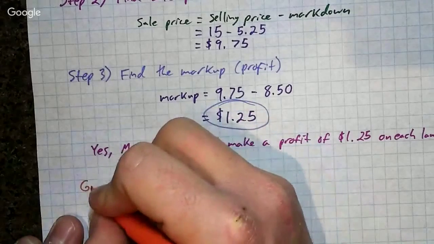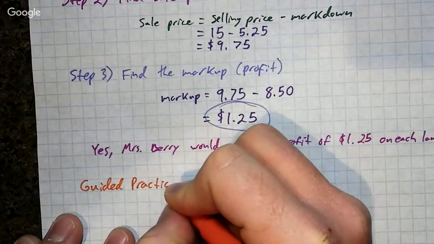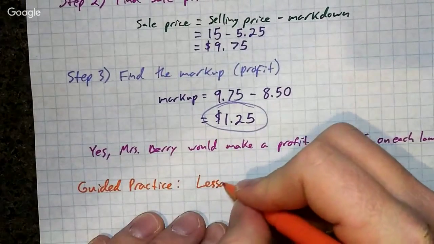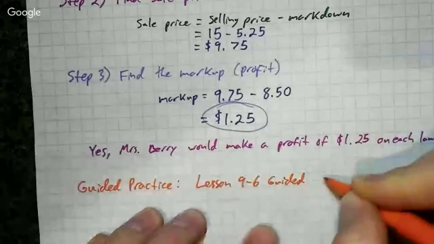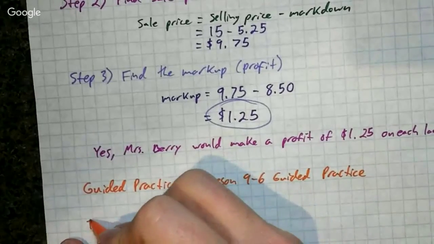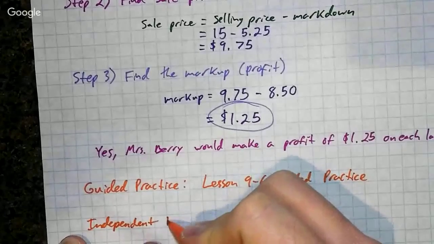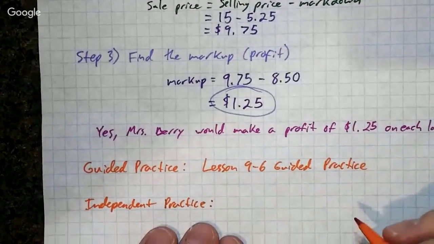Okay, for today, our guided practice is going to be the lesson 9-6 guided practice. And our independent practice, I'll actually switch.